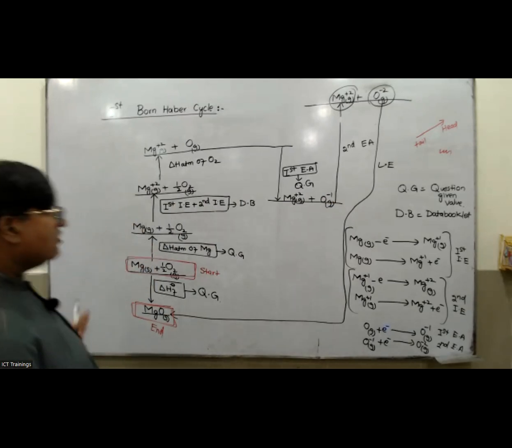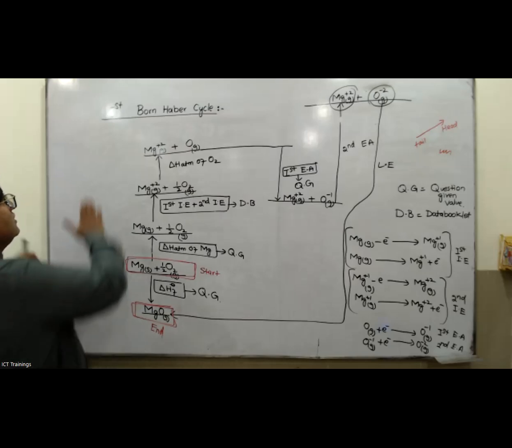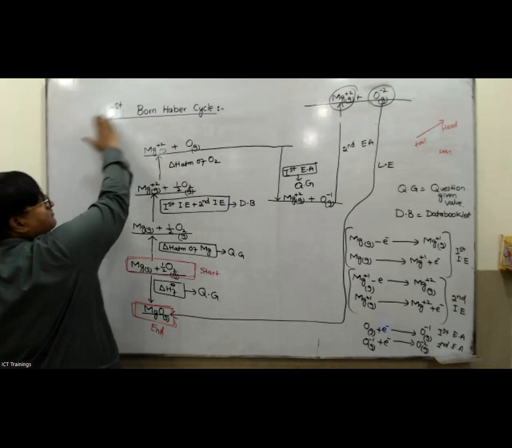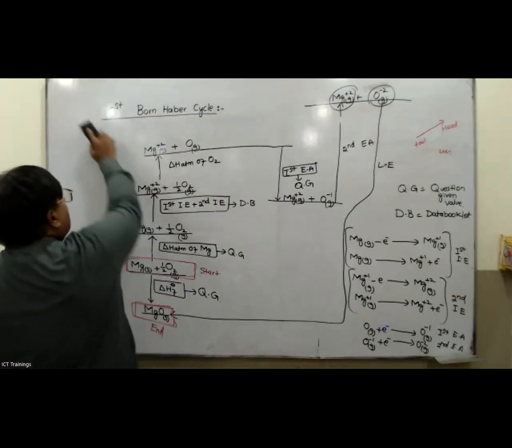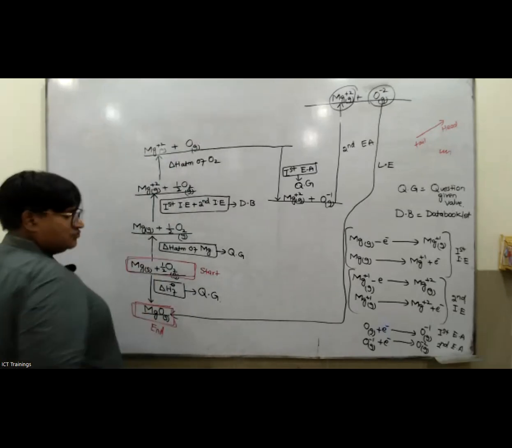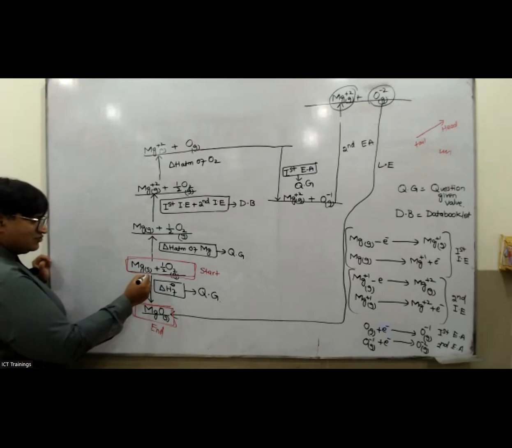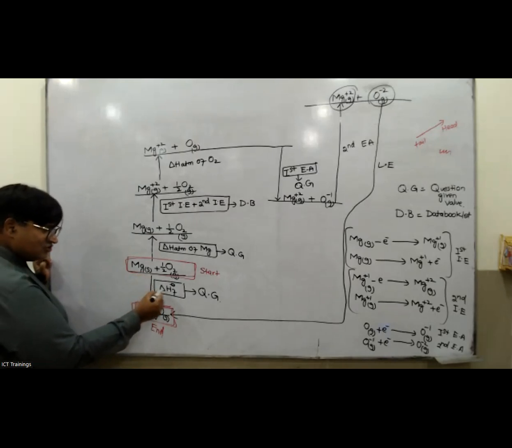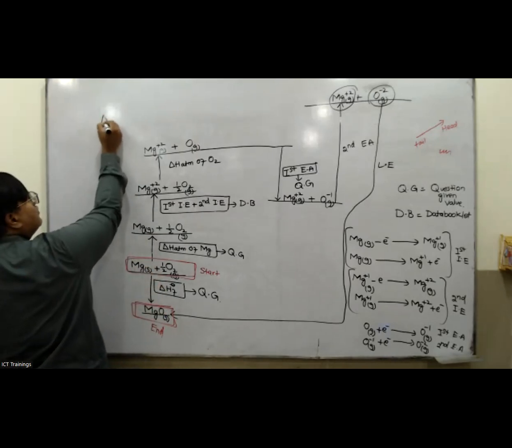Okay, my dear. Now, what you are supposed to do? First, the known Born-Haber cycle. This cycle is going to start from here to here, so this is the enthalpy change of formation.